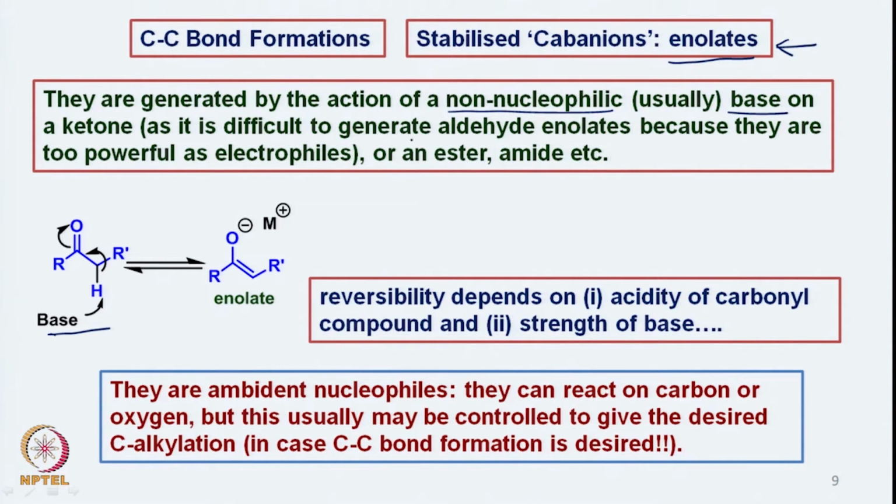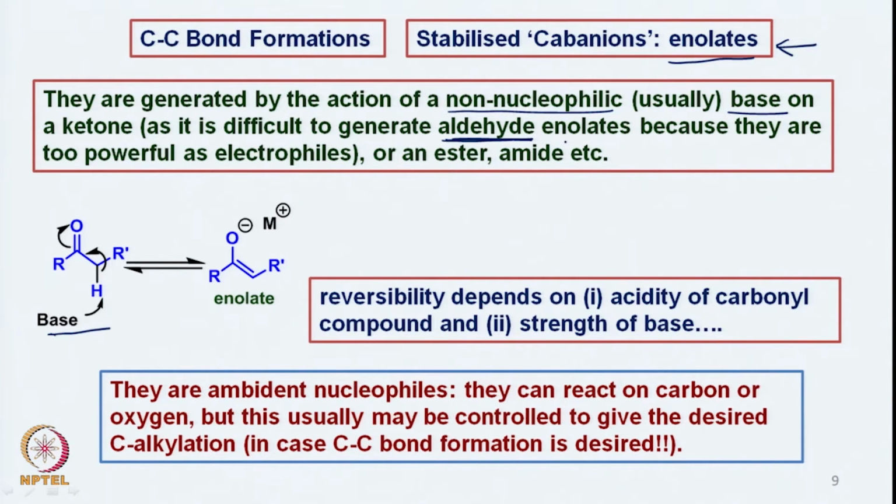We are not taking an aldehyde as the carbonyl part to generate the corresponding enolate, because the enolates generated from aldehydes are very reactive, and aldehydes are very electrophilic in nature, and therefore they generally condense with each other, and so it is not very convenient to generate an enolate from an aldehyde.